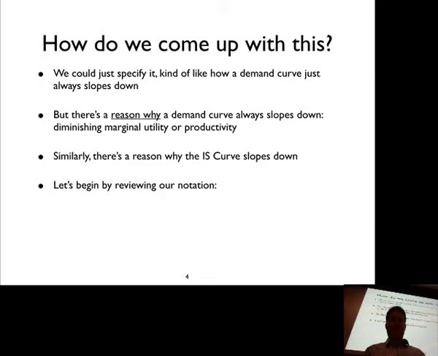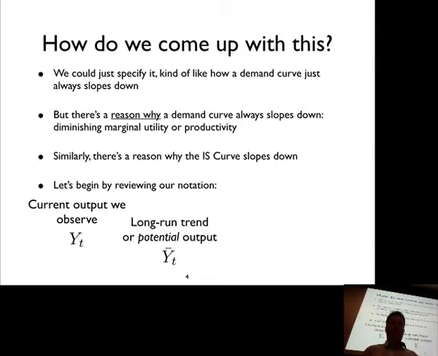We covered this a bit last time, but to review, the notation is the following. The current output we observe is what's actually happening in the macroeconomy, uppercase Y. Long run or potential output, Y bar, is what comes out of the growth model. It's technology, uppercase A, times capital to the 1/3 times L to the 2/3.